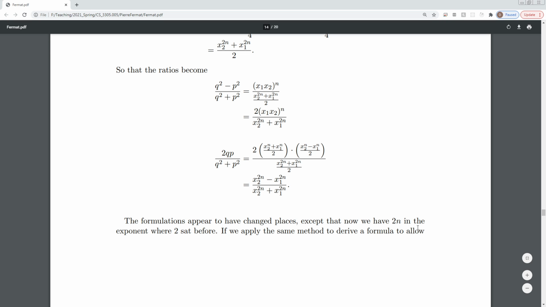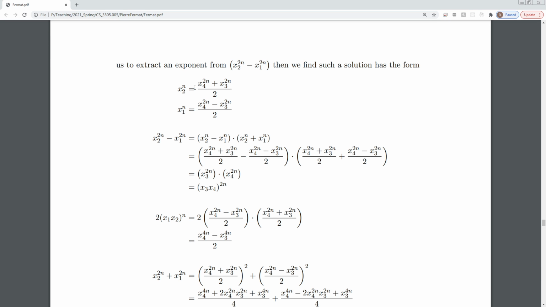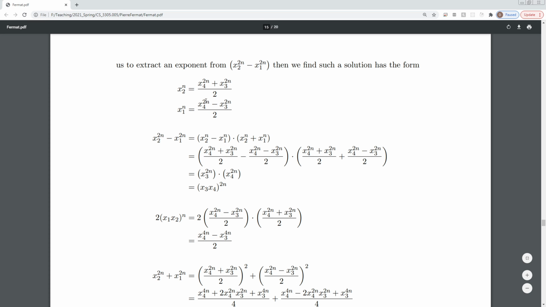But if we perform this exercise one more time, it's dubious whether or not we could find such x1 and x2, but hey, if there are solutions to Fermat, then we should be able to find such points. Right? So now we choose x2 to the n and x1 to the n, which are midpoints to this sum and midpoint to the difference. So now, following the same exercise as before, we make our substitutions in for the previous form.